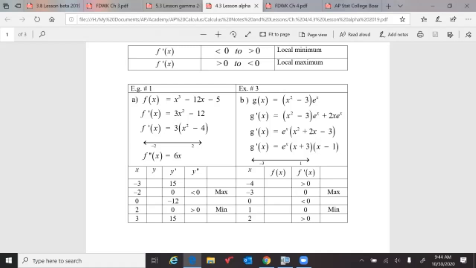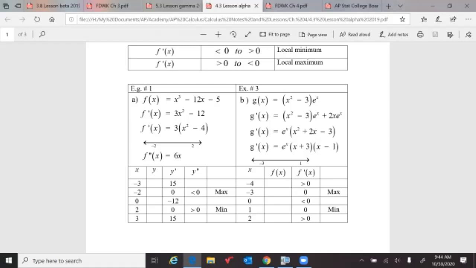Now, the other thing you could do, which we didn't get to yet, is the second derivative test, which you read about in the section. If I take the second derivative of this thing, you would get 6x. If I put these numbers in here, -2 in the second derivative gives you a negative number, and +2 gives a positive number.